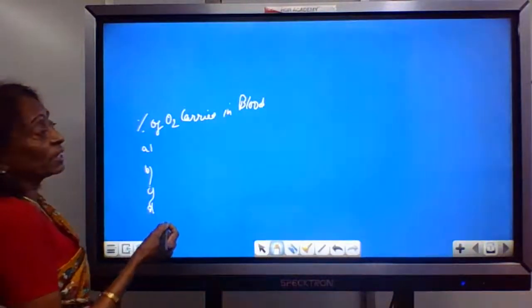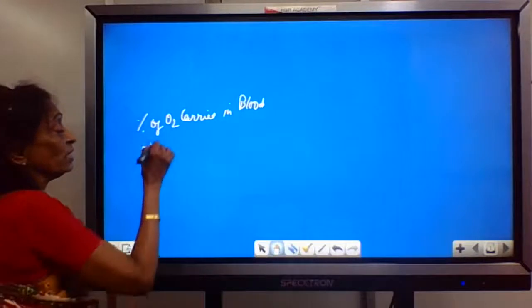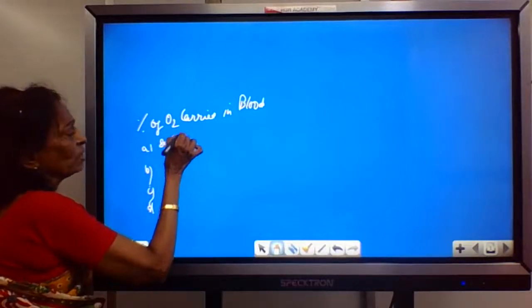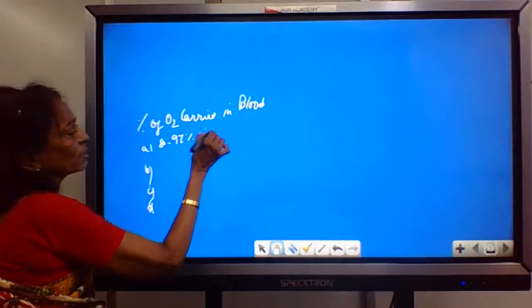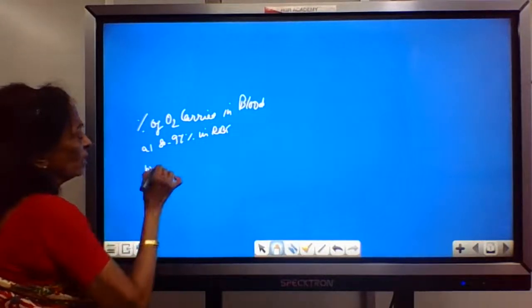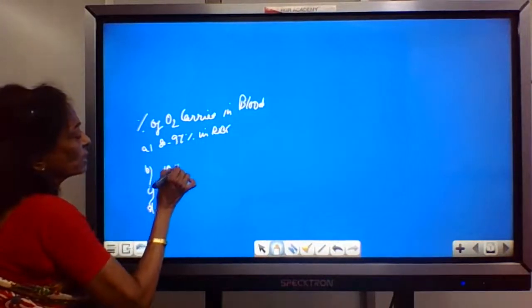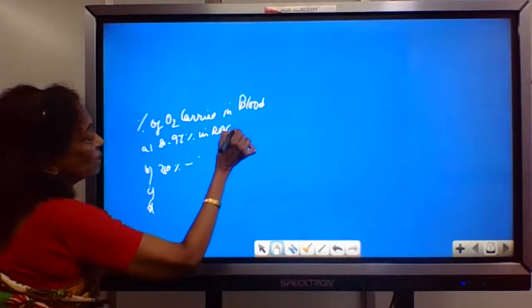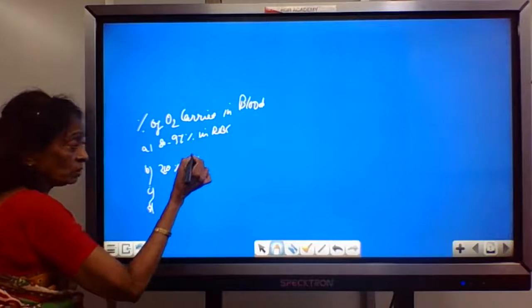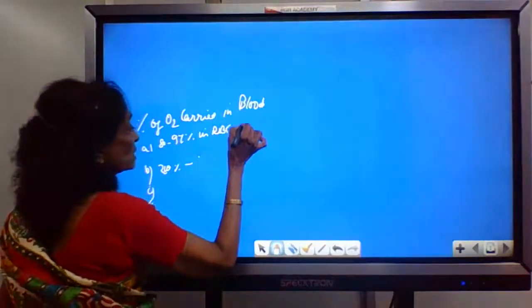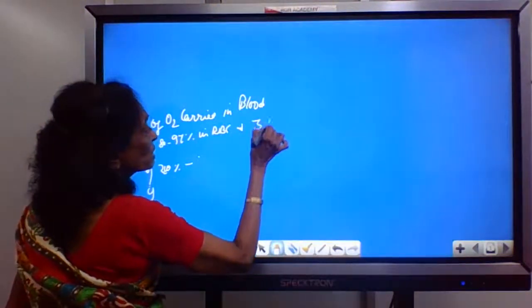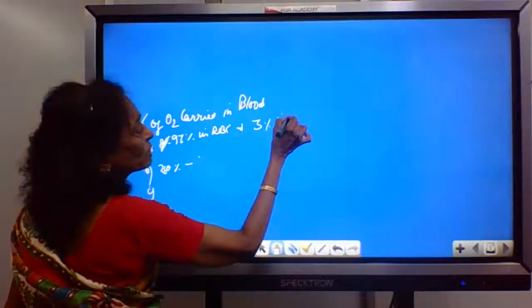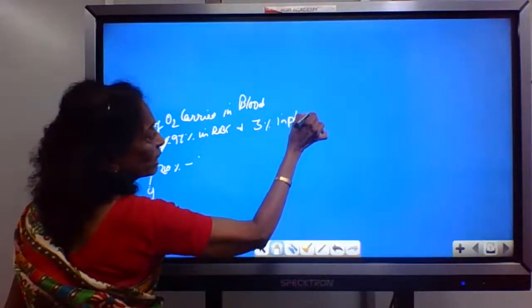They can say 80%, or 97% in RBC, or 10% or 20% in RBC. One statement can combine both: 97% in RBC and 3% in plasma. This is the only correct statement.